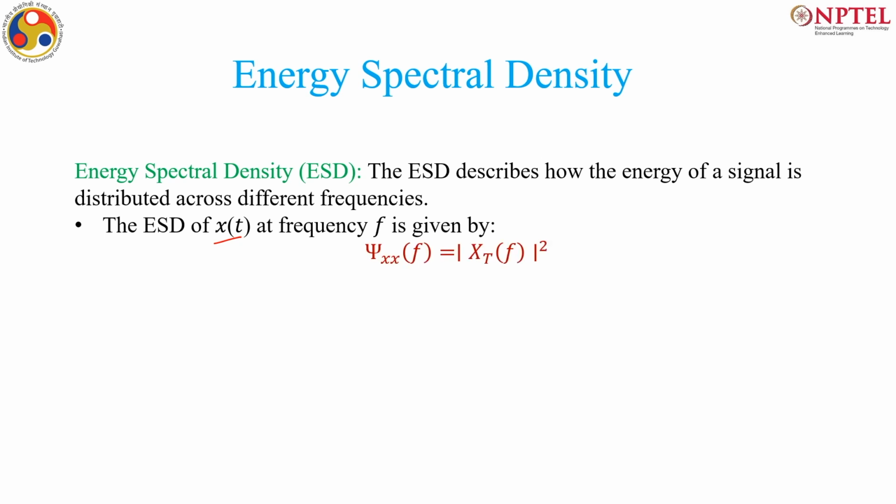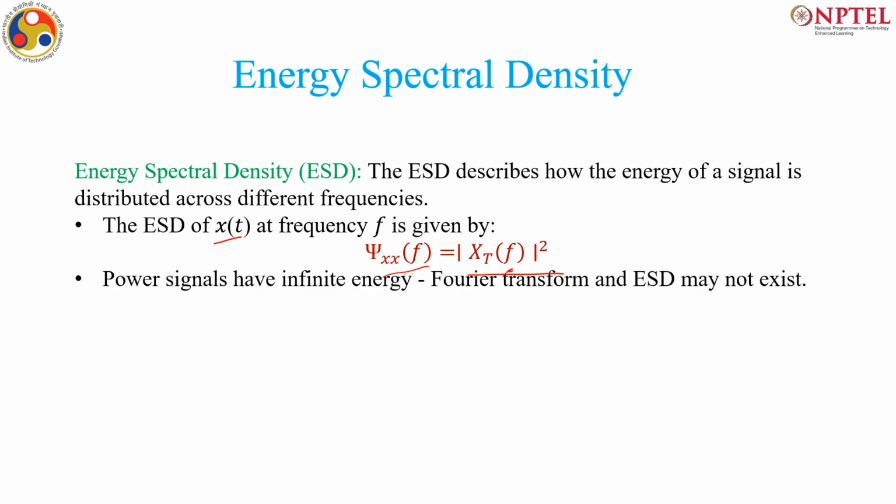This is a graph where Psi xx of f is your energy spectral density, and it is computed in this manner. This comes from Parseval's theorem, the conservation of energy between time and frequency. I take the Fourier transform of the signal and square it, and I use the Fourier transform because I want the value for each frequency component.